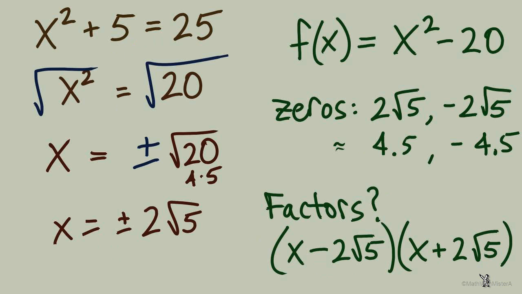Before we move to our next example, let's take a look at this graph. We want to spot, do we have our x-intercepts here? And also, what do we know about the vertex? I think we should know two things. If we know about our transformations, we know that this function is our standard parabola y equals x squared, but then it's been shifted down 20 units.